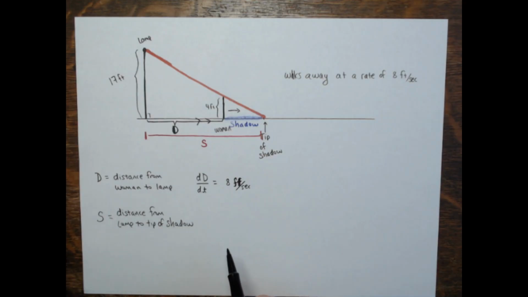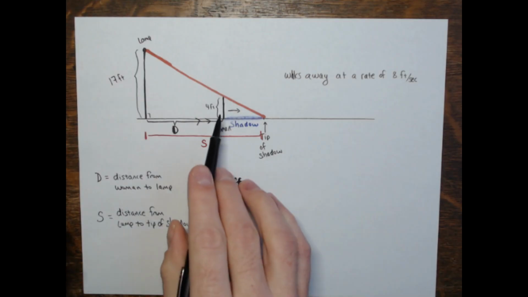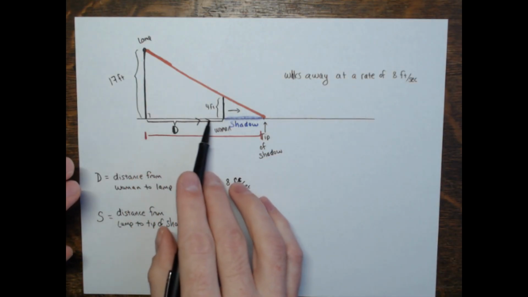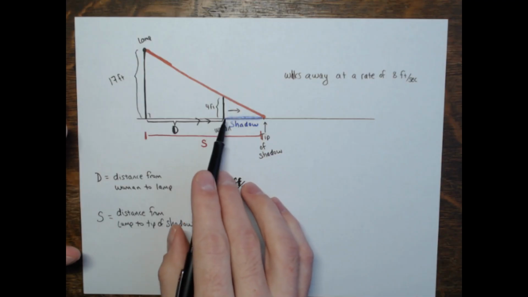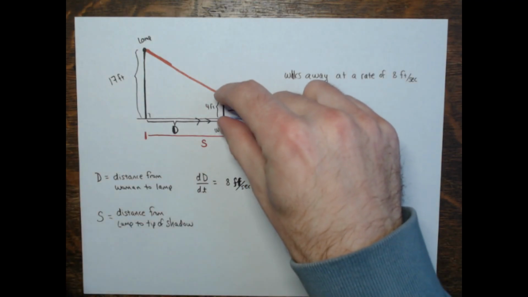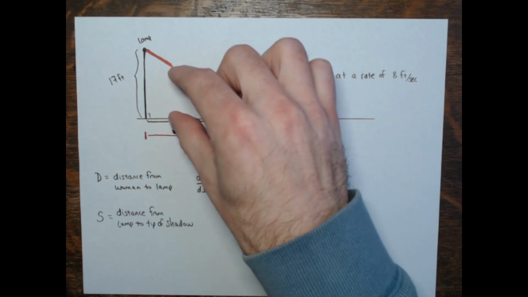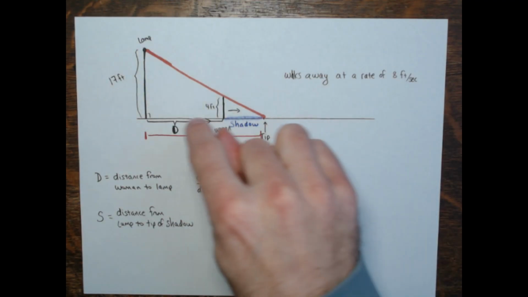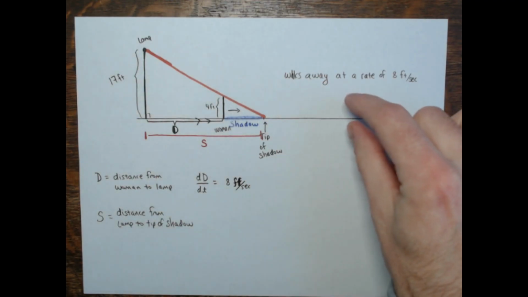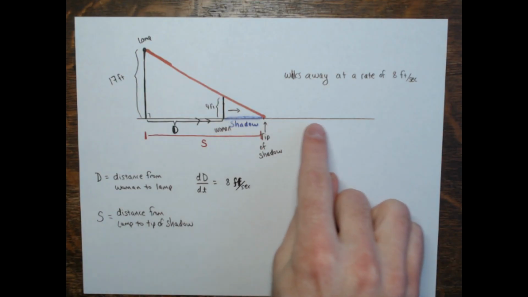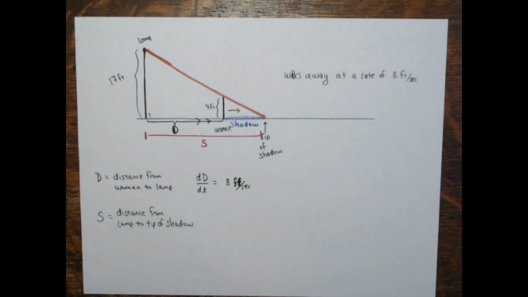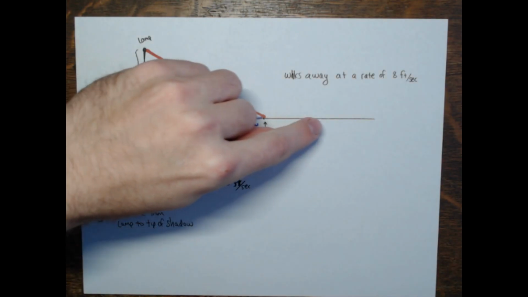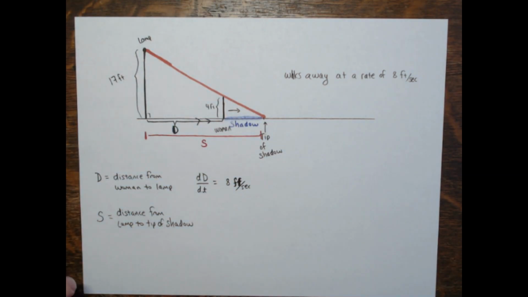What they want us to find is how fast, as she's walking away at 8 feet per second, the tip of her shadow will also move away from the lamppost.